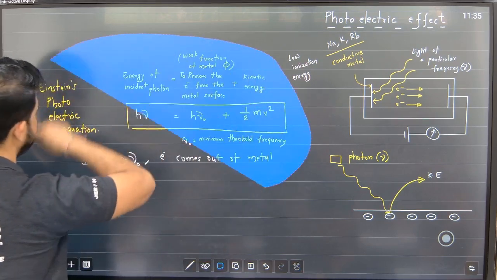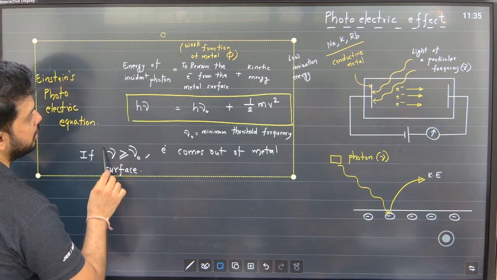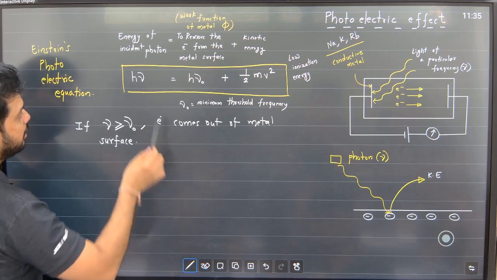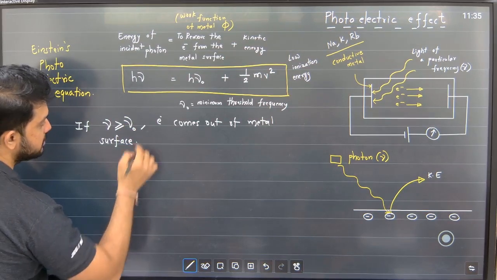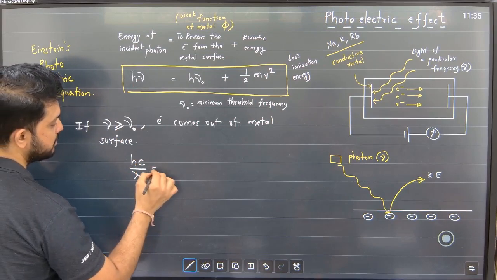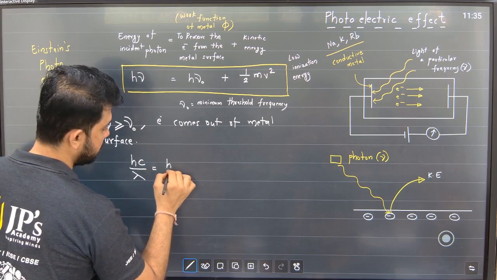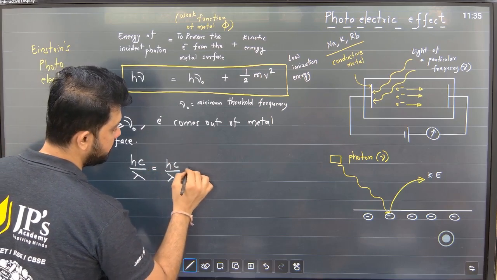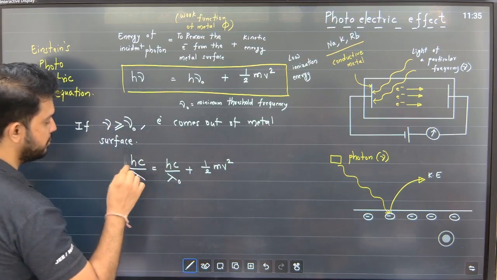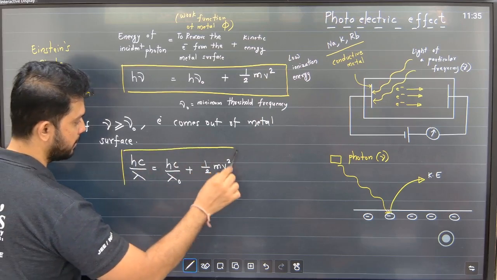Now I can further modify the formula a bit. I can write nu as c over lambda. So hc by lambda is equal to hc by lambda naught plus half m v squared. Just different ways of writing the same formula.